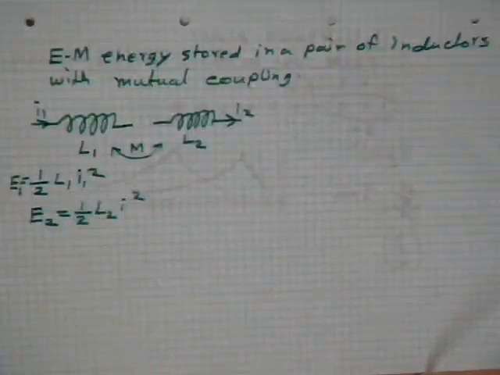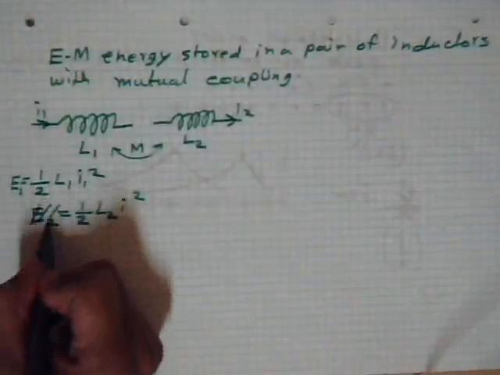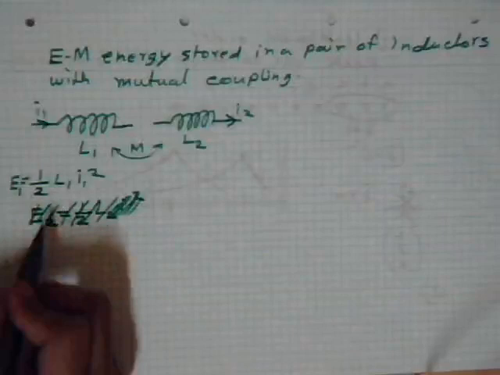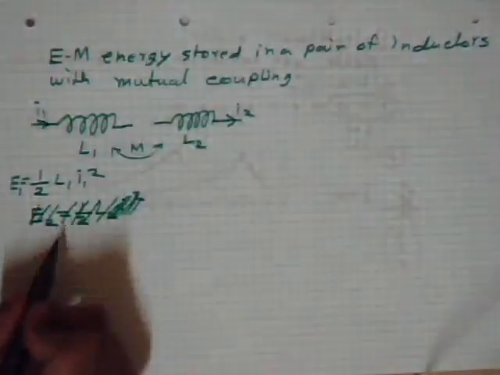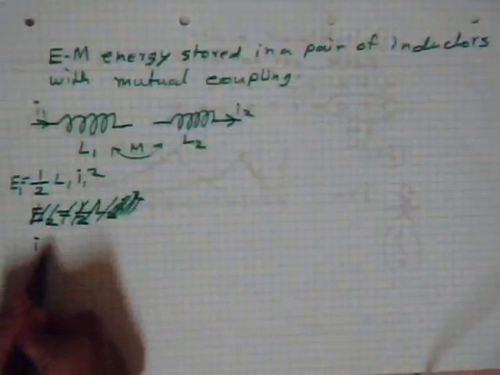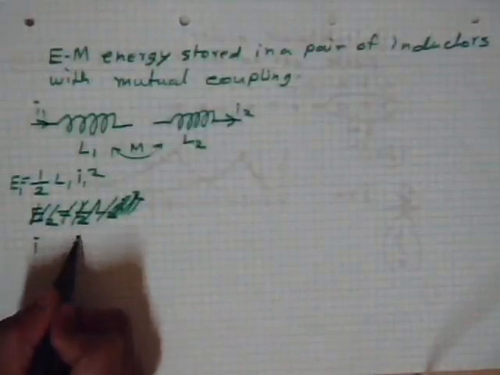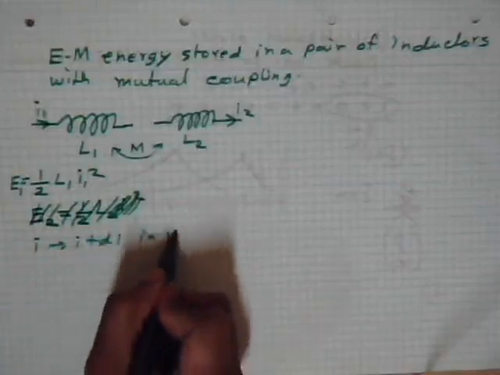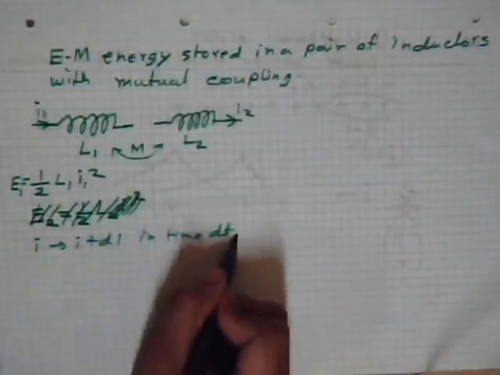Okay, let me do this derivation for you. So at any instant, say the current is incremented from I to I plus dI in time dt.